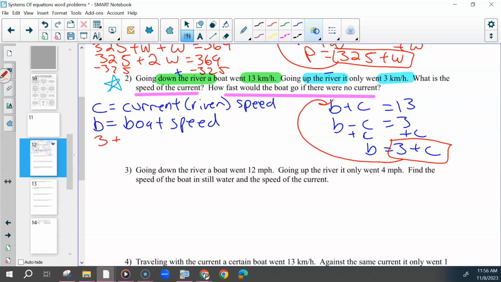So then 3 plus C plus the other C equals 13. And solve for C. So 3 plus 2C equals 13. Get rid of the 3.